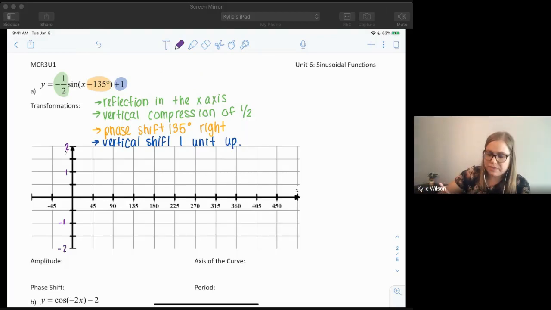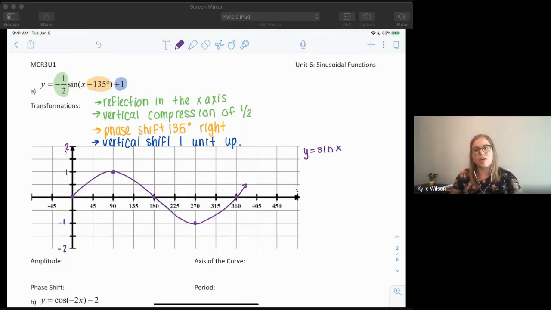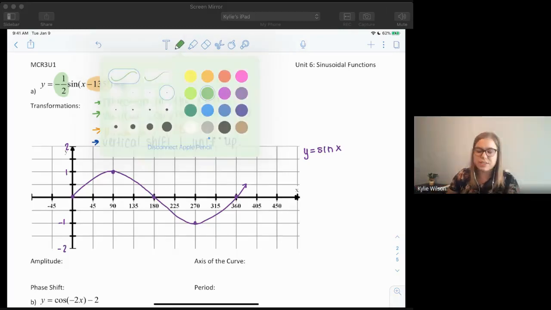So let's graph our parent function. And the more you do this, you'll get used to it and you'll know how to graph this right away. There we go, like that. So my purple one is our parent function, y equals sine x. Next, let's address the reflection.